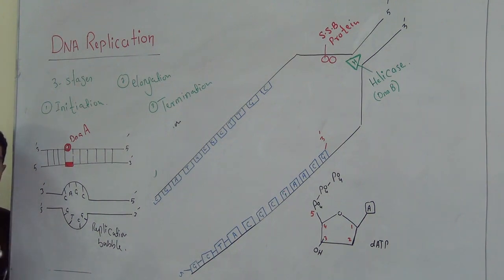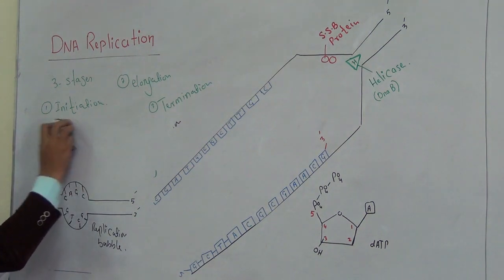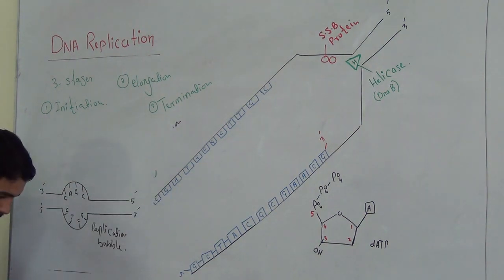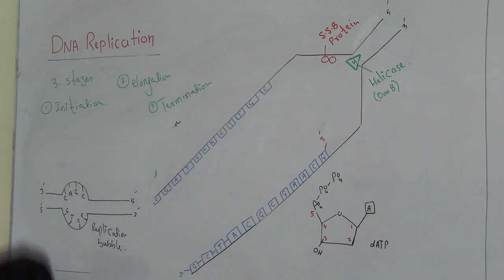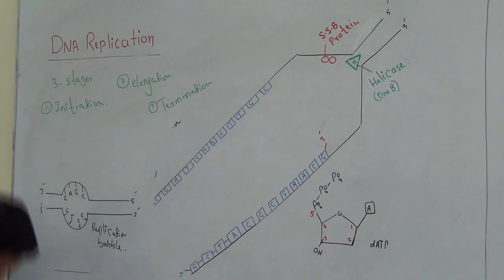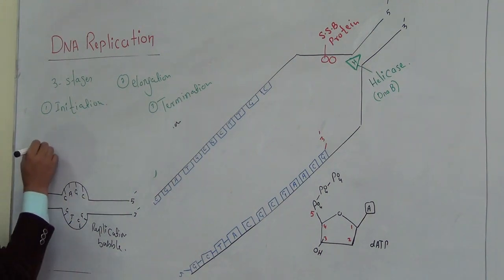According to the book of Satya Narayan, in eukaryotes you may find more than one replication bubble. This is the DNA.